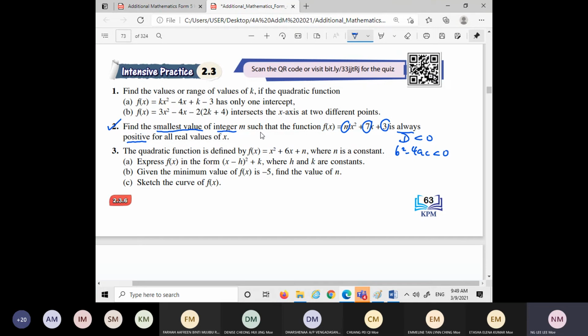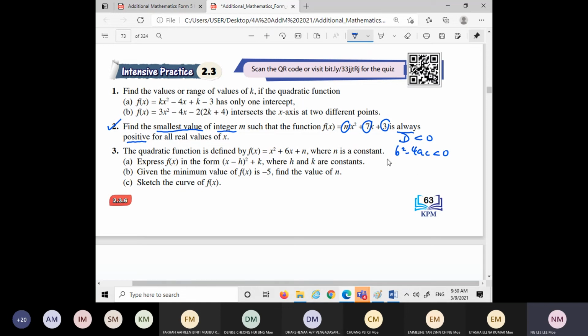In the other two examples you remember, for D smaller than 0 or bigger than 0, they always ask for the range. But this question is a little bit special. Instead of asking for the range, they are asking for the smallest value of the integer. After we get the final answer in inequality, we have to analyze the meaning of this smallest value of the integer.